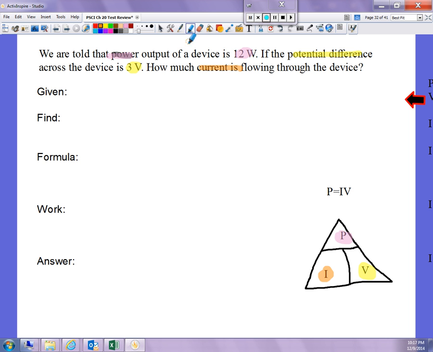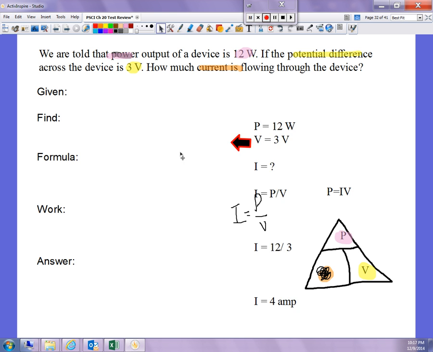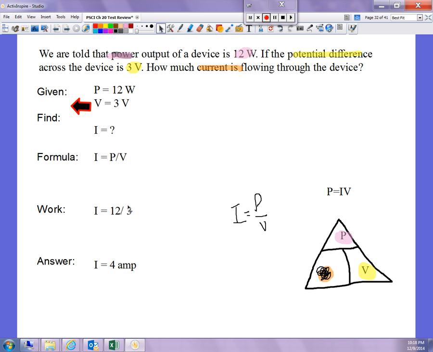So we black out current to get our formula: I is equal to P divided by V. So 12 watts of power divided by 3 volts gives us 4 amps of current, 4 amperes of current.